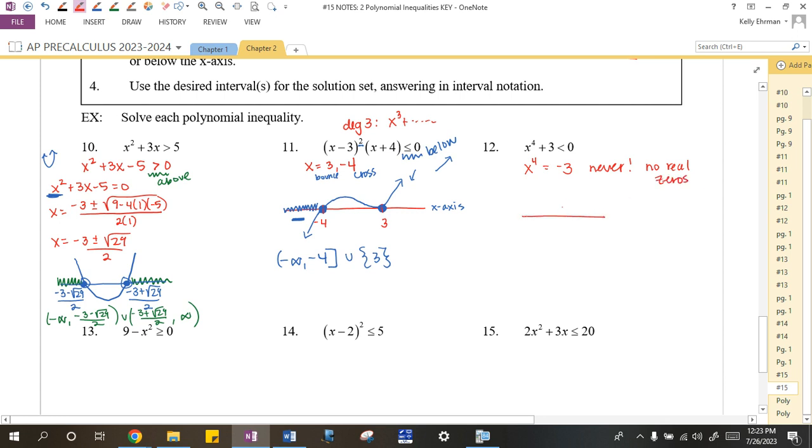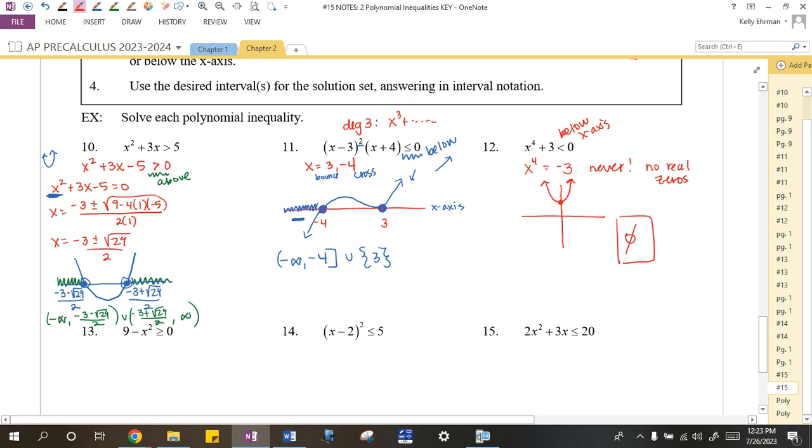Think about this graph. X to the 4th is normally at 0, 0, and it opens up. Plus 3 means it starts up at 0, 3, and then it opens up from there. When is this graph less than 0? When is it below the x-axis? The answer is never. No solution.